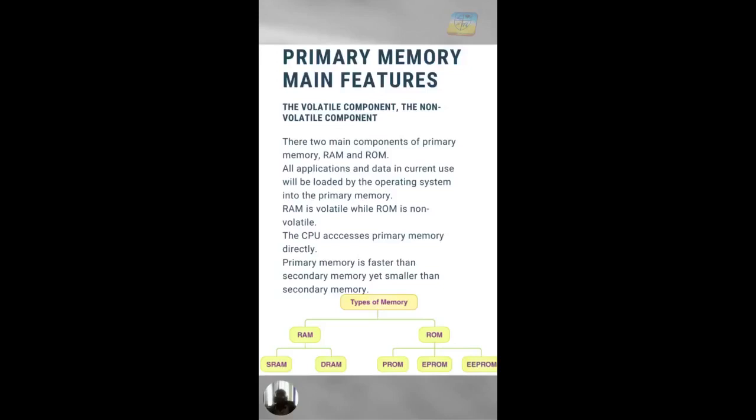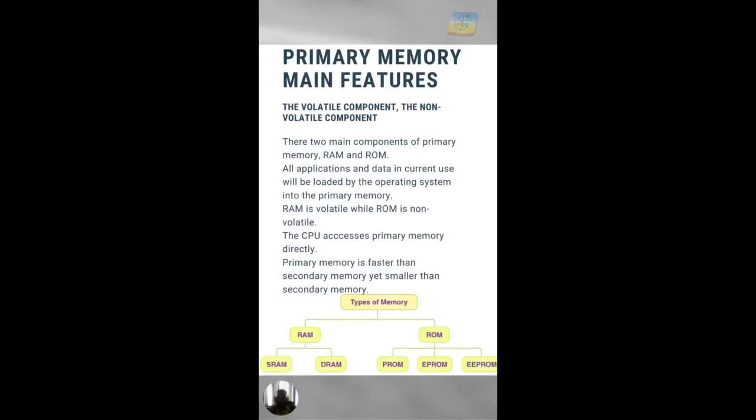This is what makes it faster when compared to backing storage or secondary memory, where we use a disk and the head needs to move from one point to another following a certain order so that it can access the data at a given point, which makes it slower.